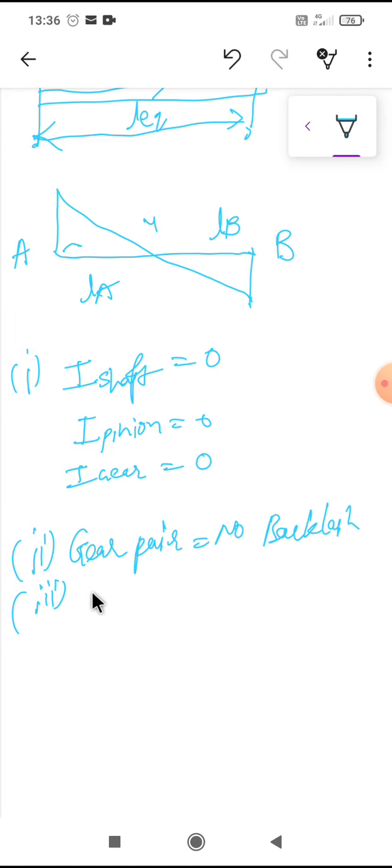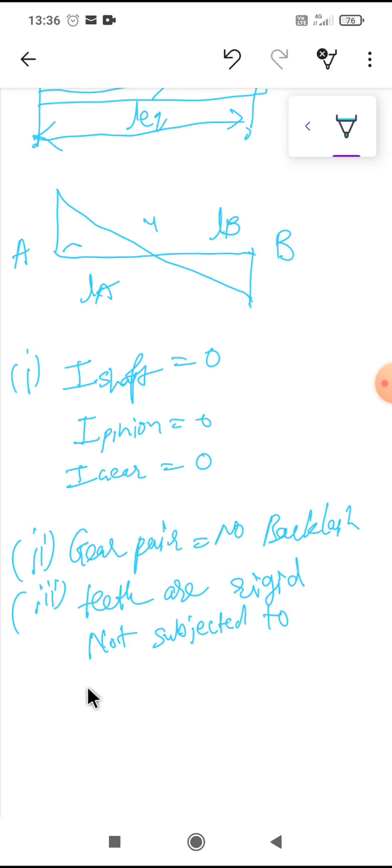So these are the various assumptions that we make to convert this system to an equivalent system.